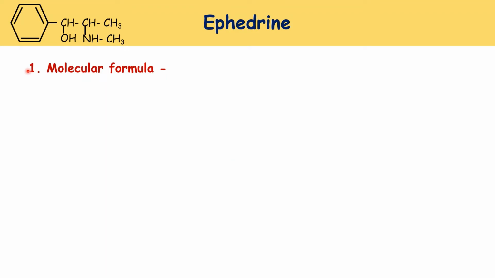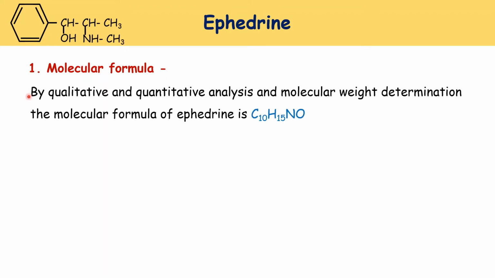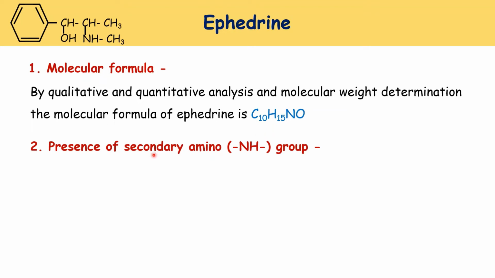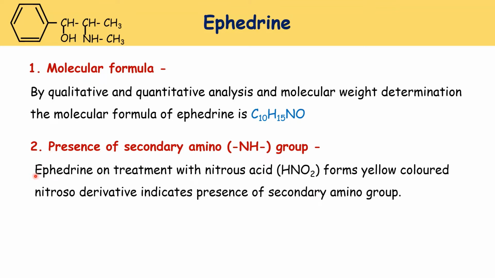The first step is molecular formula. By qualitative and quantitative analysis and molecular weight determination, the molecular formula of ephedrine is C10H15NO. Then presence of secondary amino group, and it is detected as follows.